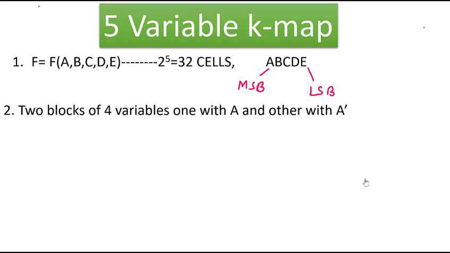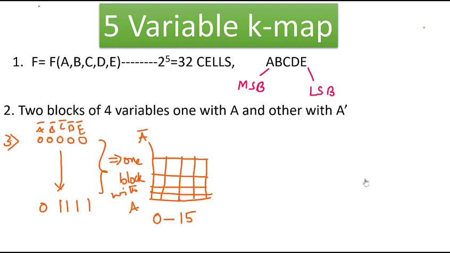Now what I am going to do is make these 32 cells as 2 blocks. One block consisting of 16 cells and another block consisting of 16 cells. The first block will be with A bar and the second block will be A. So we will see why one block with A and one block with A bar.